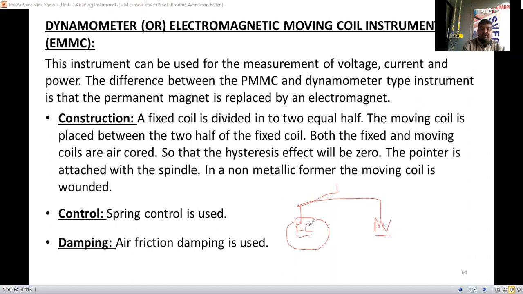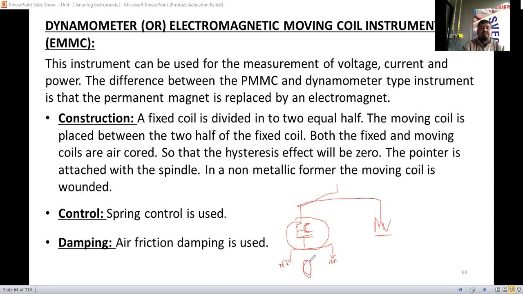But while doing the construction, this fixed coil, whatever the turns are there, we have split into two equal parts. One coil I will keep here, another coil here. In between these two halves of the fixed coil, I am going to place the moving coil.